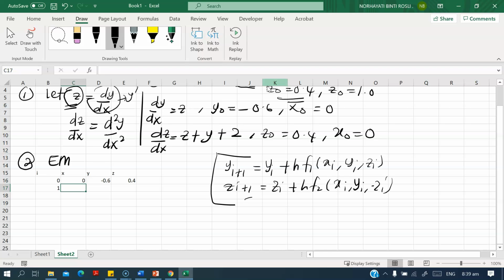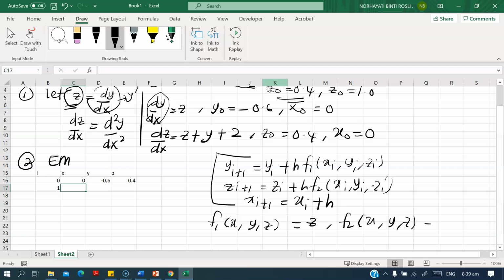And then x(i+1) equal to xi plus h. And then class, what does it mean by function number 1? In this case, our function number 1 of x, y, z equal to dy/dx, which is equal to z. And function number 2 of x, y, z equal to the second equation here, that is equal to z plus y plus 2.